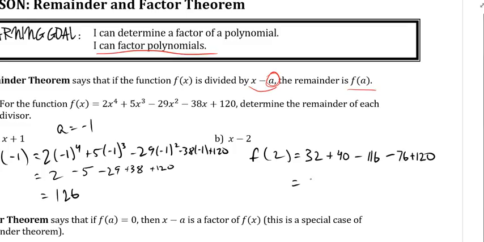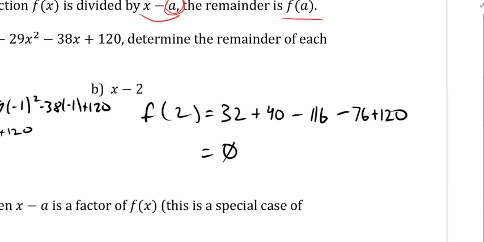What do we get for this one? Hope you got 0. Supposed to get 0. Therefore, x minus 2 is a factor. But that's not a part of remainder theorem.